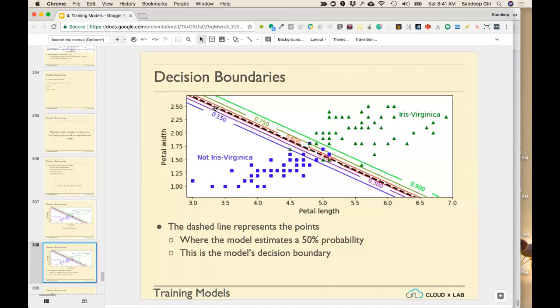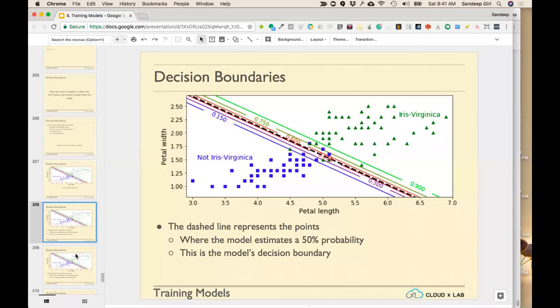If some flower has a petal length of 5.5 and a petal width of say 1.75, or 1.3, then it could be either this or this. So this is the decision boundary.